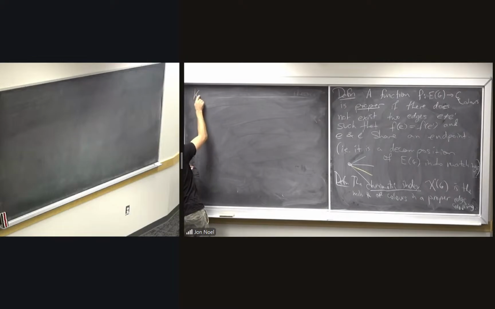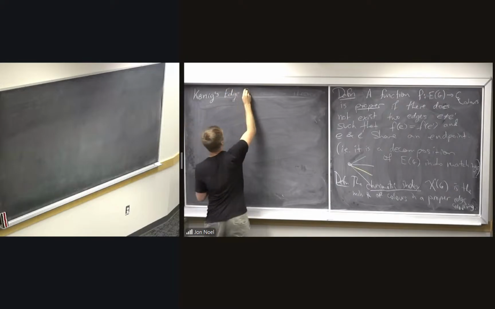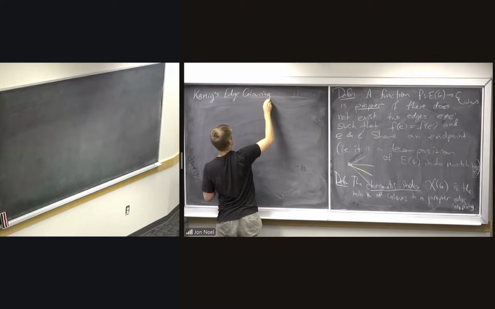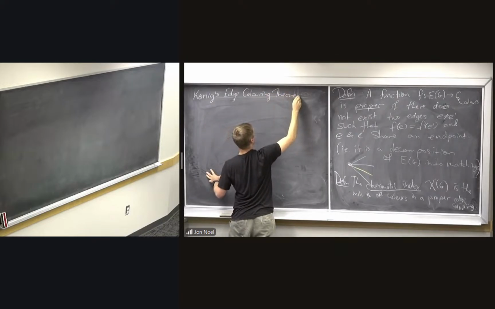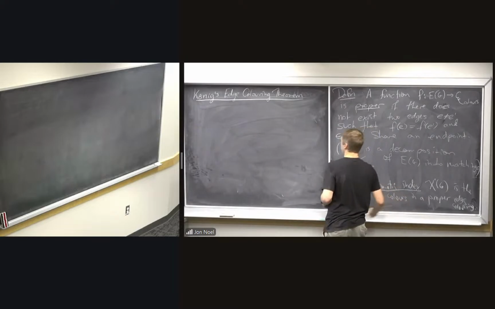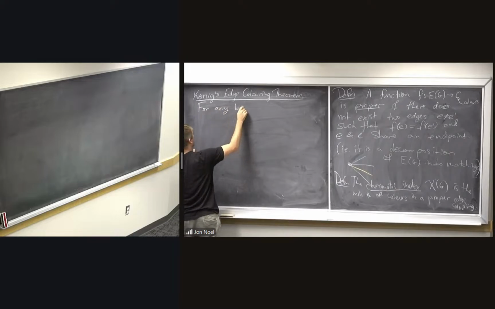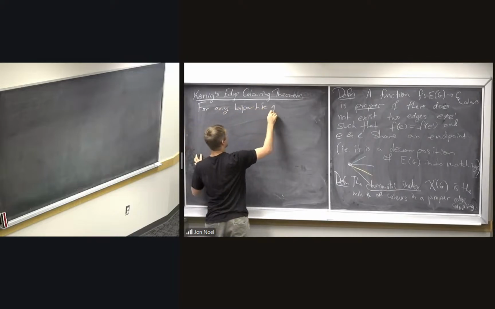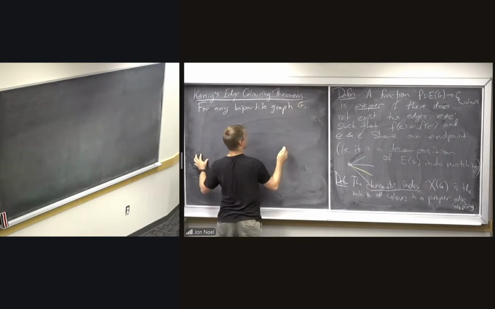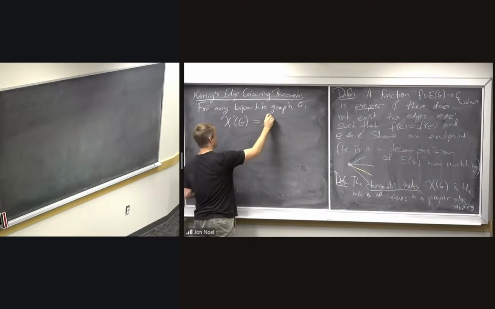So there's another theorem of Koenig, Koenig's edge coloring theorem, which says that for any bipartite graph G, the chromatic index is equal to the maximum degree of G.